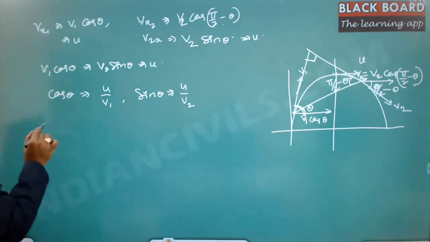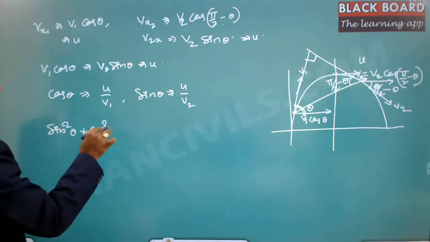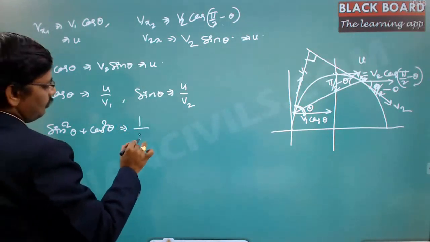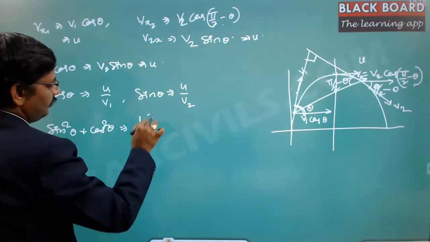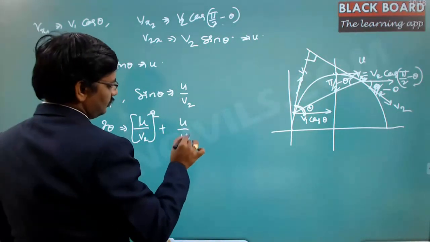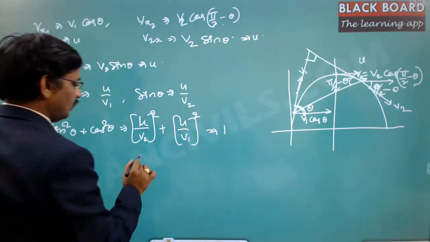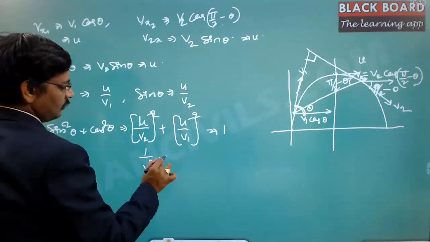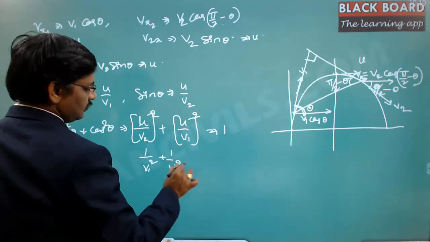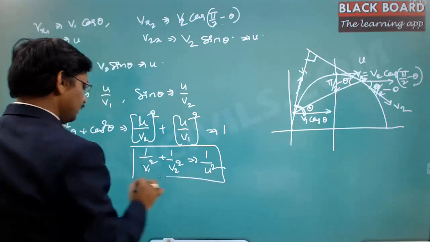Now if you square and add, sine square theta plus cos square theta is equal to (u by v2) whole square plus (u by v1) whole square, and this value is equal to 1, or 1 by v1 square plus 1 by v2 square is equal to 1 by u square. This is what he asked us to prove.